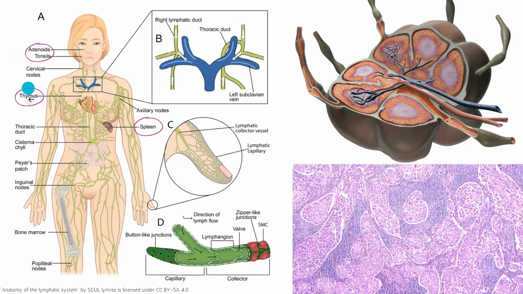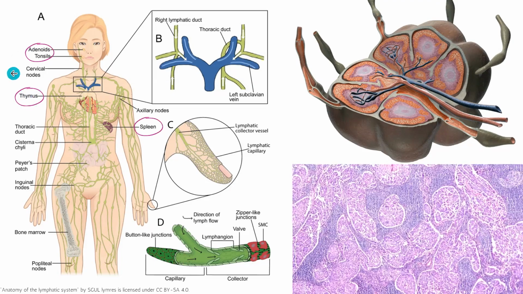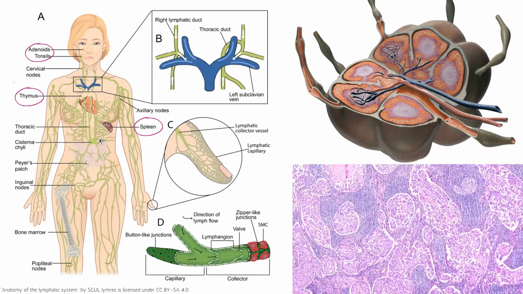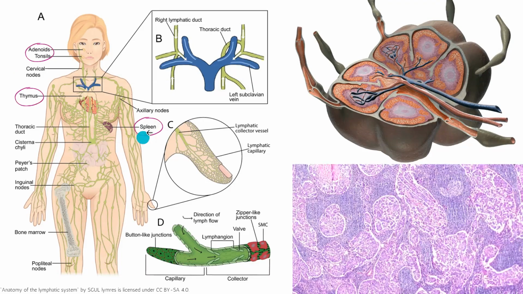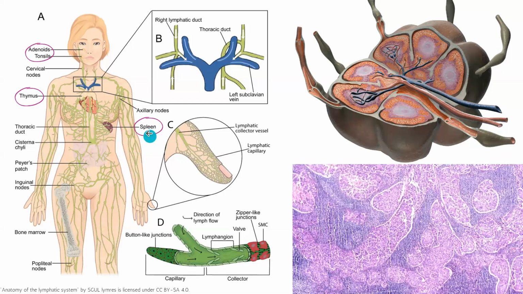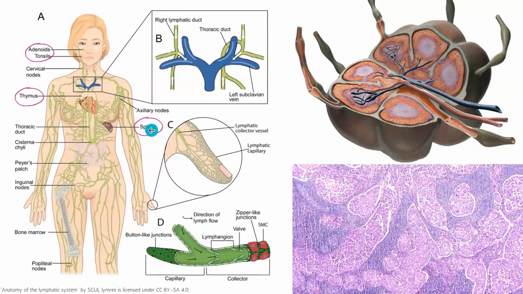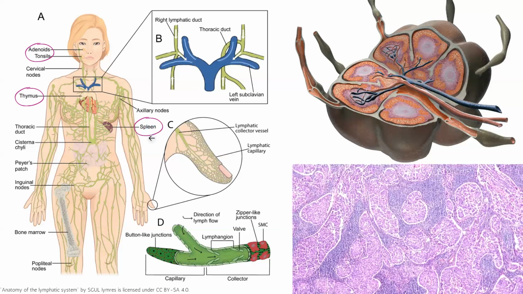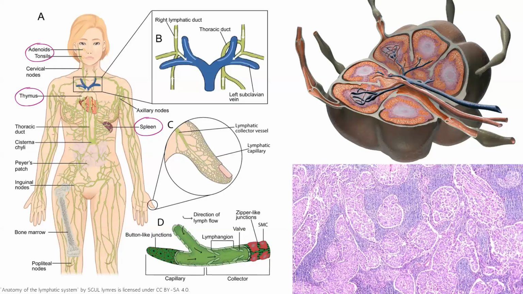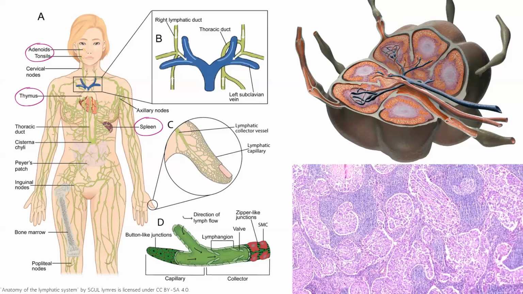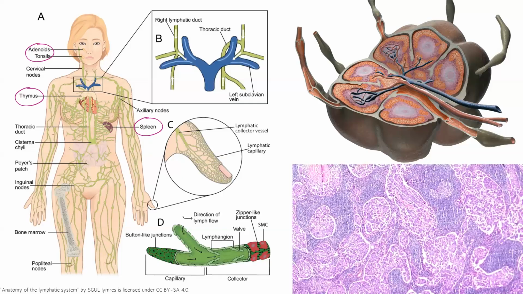Our thymus gland is a super important lymph organ, and we'll talk about its function a little bit more. And then our spleen is also a really important lymphatic organ. So our spleen's job is to help clean the blood, just like the rest of our lymphatic system. And our spleen also is a giant storage center for extra red blood cells.